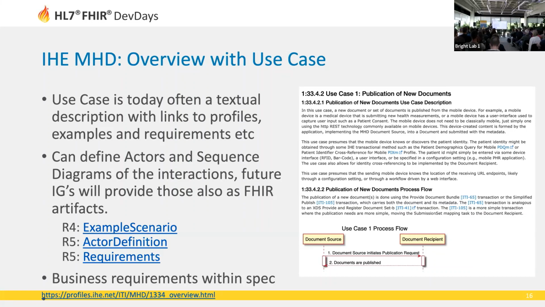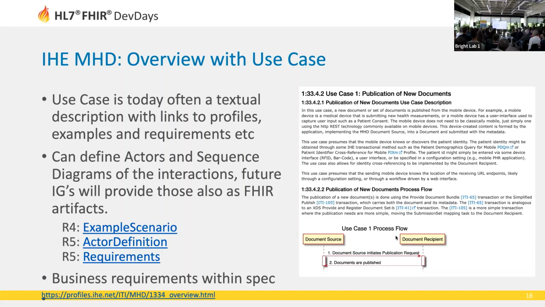Now this is quite textual description, but the implementation guide authors start to structure this information also in directly usable artifacts. So FHIR Release 4 introduced an example scenario where you can describe your use case in different steps. In Release 5, they introduced these actor definitions.